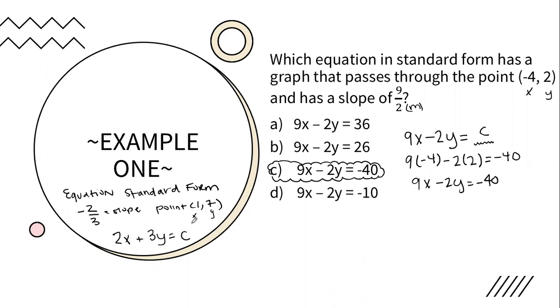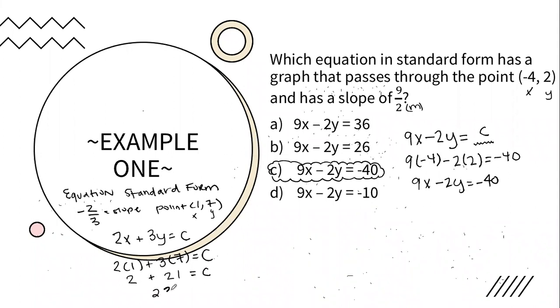So if you know this 1 is X and this 7 is Y, plug that into the X and Y and find C. Then when we plug it in, we should get 23 equals C, meaning the equation would be 2X plus 3Y equals 23. So this was just random numbers and a random problem I made up.